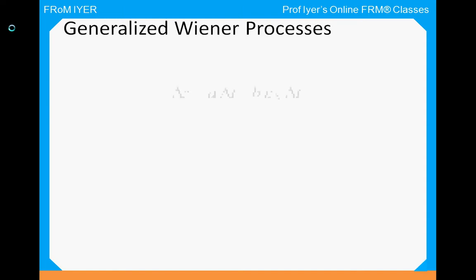So this is the equation representing a generalized Wiener process. Here delta z is equal to a into delta t plus b into epsilon into root delta t. Now notice that there are two additional terms here, a and b. What do these terms imply? We will very soon see.